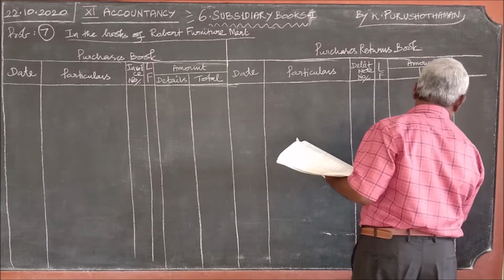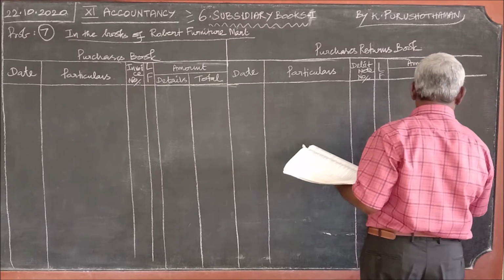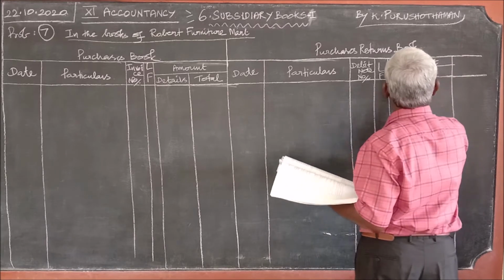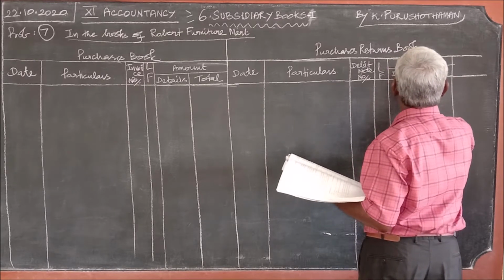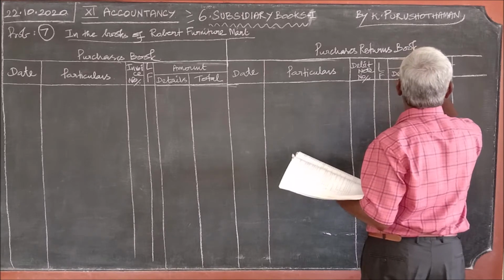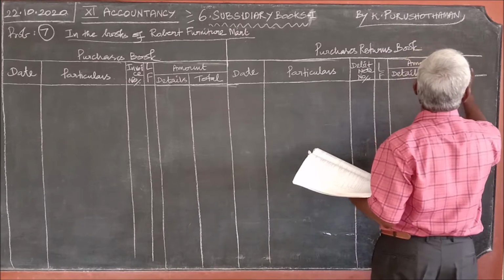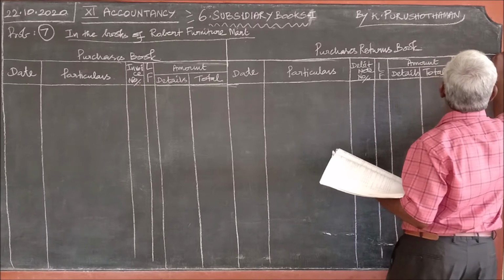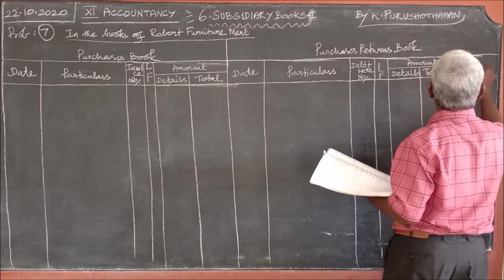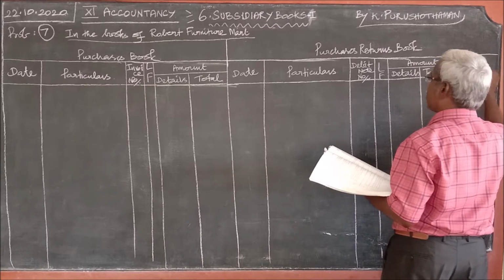Then this column can be subdivided into two. One is the details, the other one is total. Then this column is for remarks.